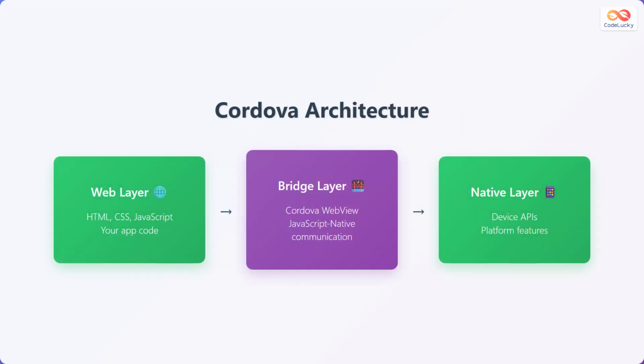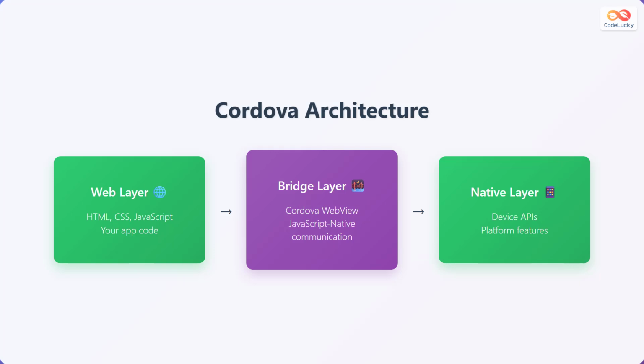Cordova follows a three-layer architecture that enables web applications to access native device features. The first layer is the web layer, which contains your application code written in HTML, CSS, and JavaScript. This is where your user interface and business logic reside. The second layer is the bridge layer, which consists of the Cordova WebView component.